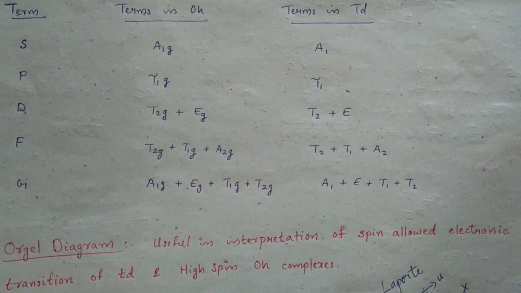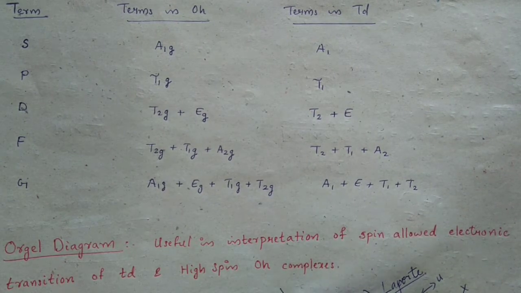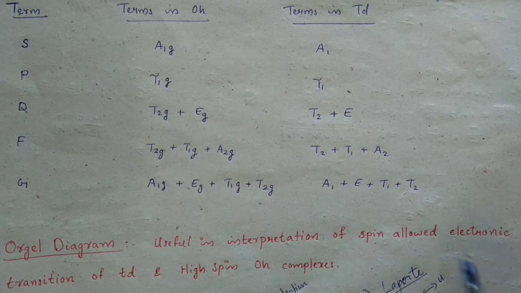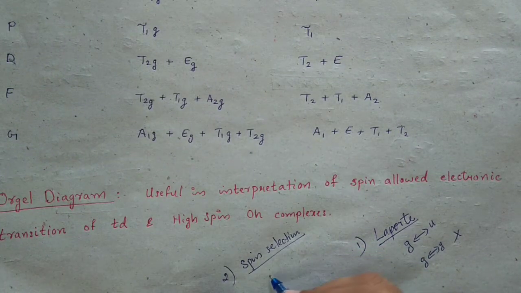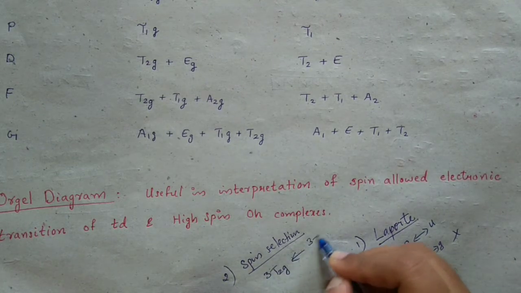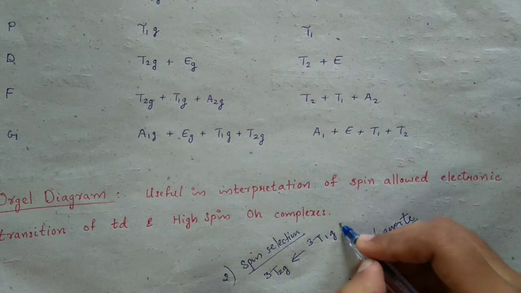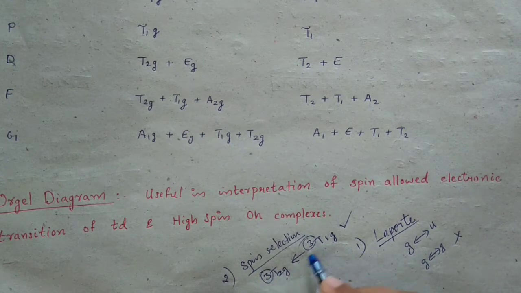The second rule is the spin selection rule. For example, 3T2g to 3T1g is allowed. What does this mean? States of the same multiplicity are allowed.